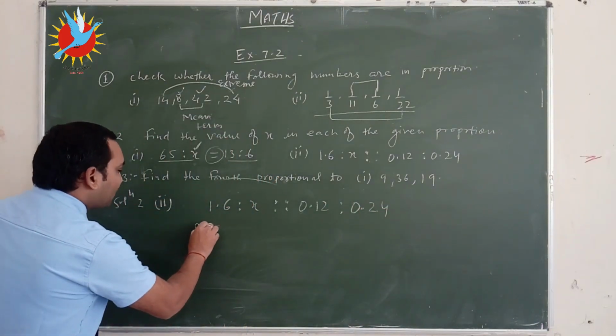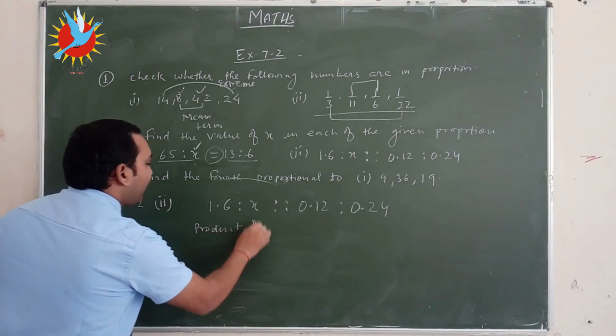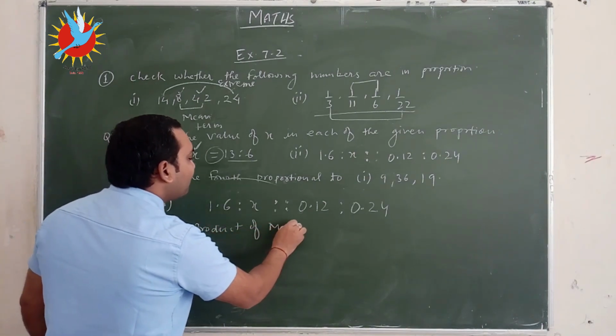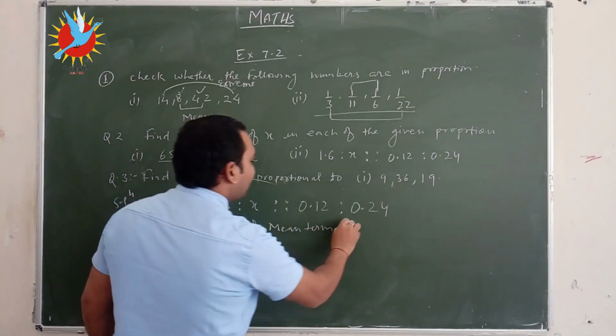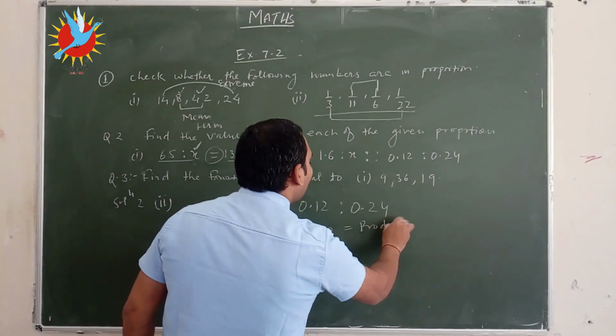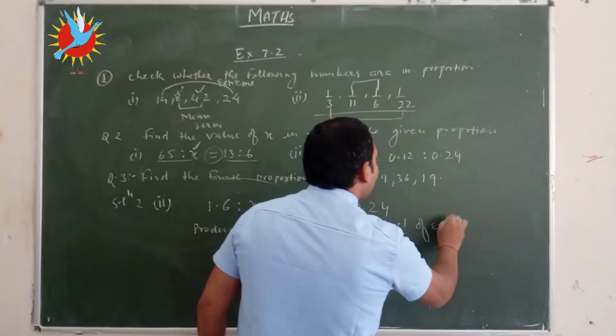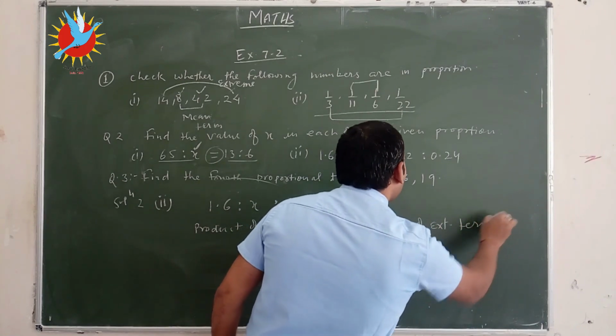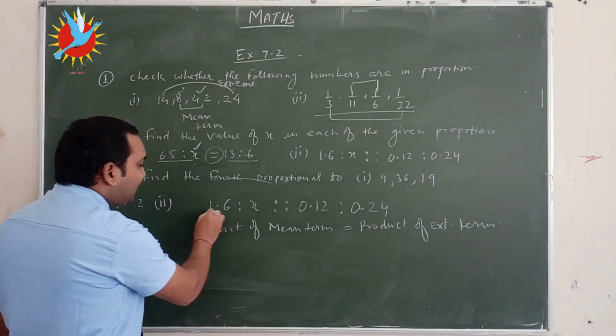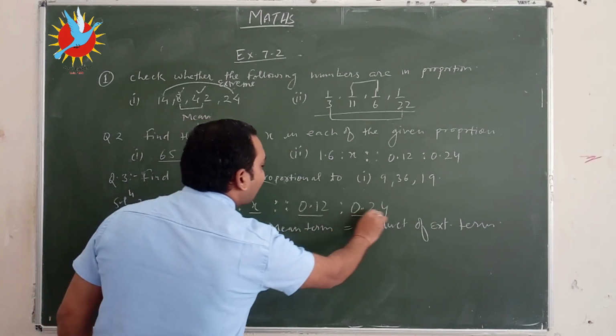So here the product of mean terms is equal to the product of extreme terms. Why? Because these four numbers are in proportion.